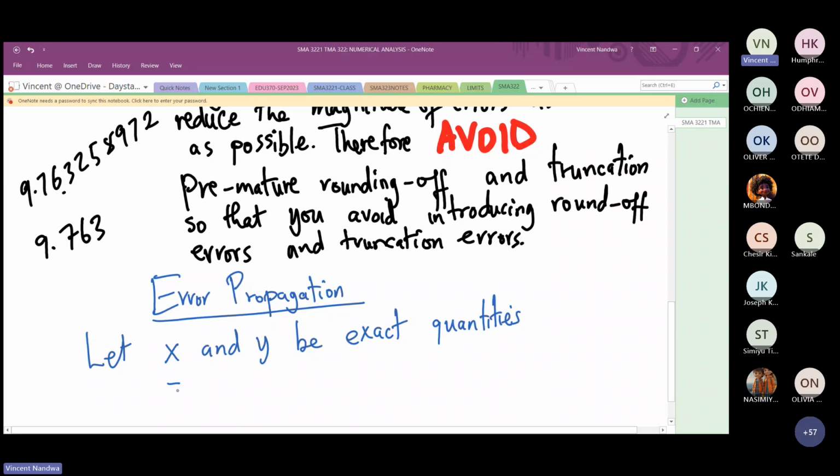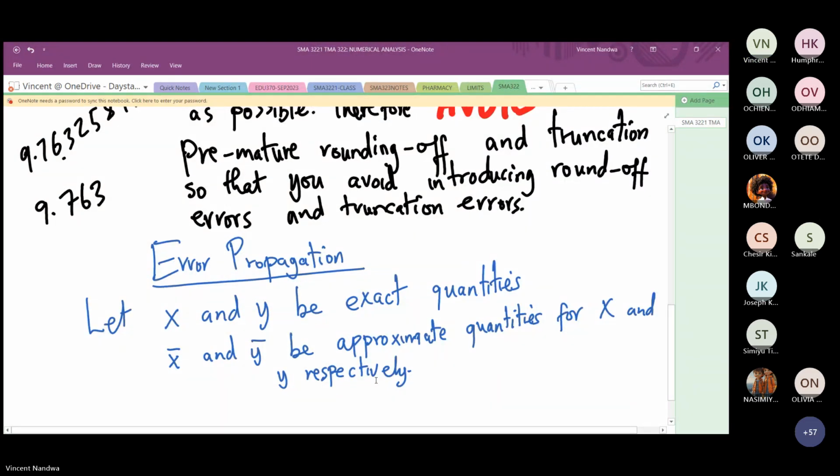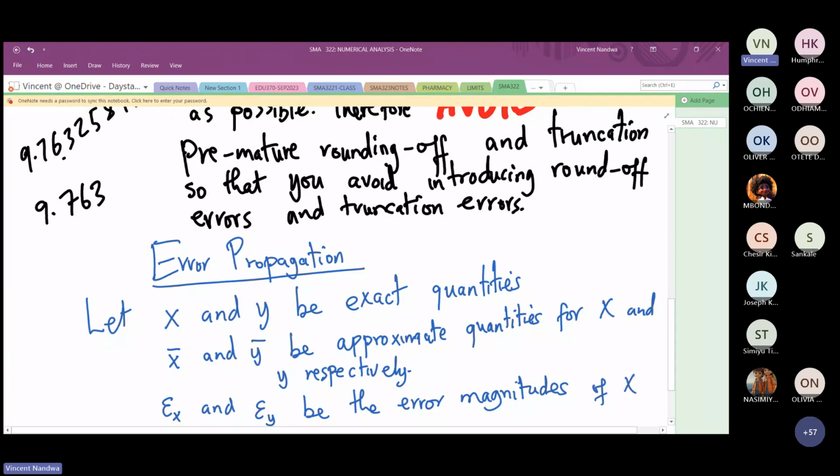And then denote by X bar and by Y bar the approximate values of these quantities X and Y. Let epsilon sub X and epsilon sub Y be the error magnitudes of X and Y respectively.